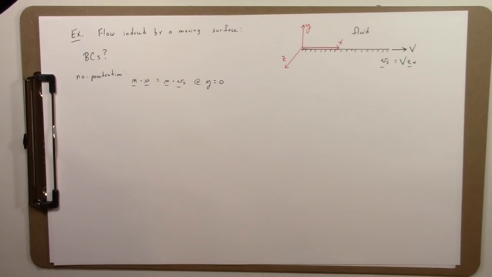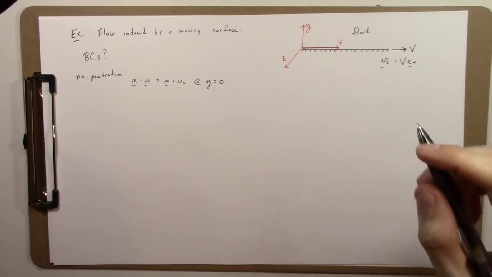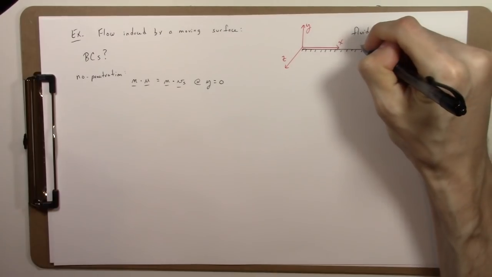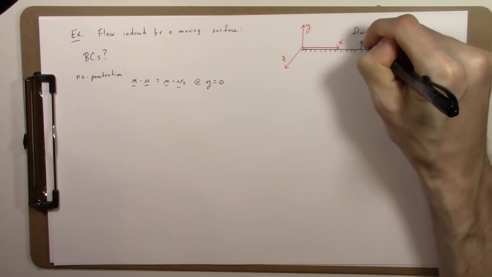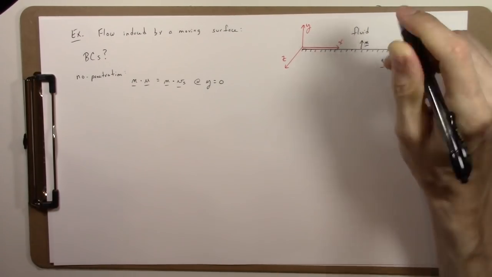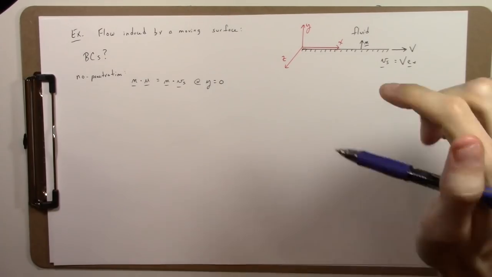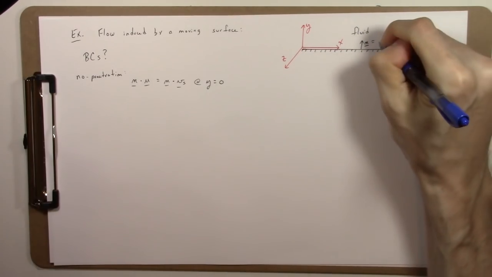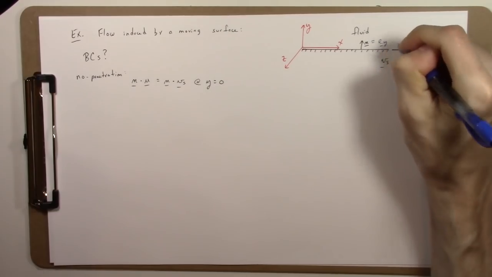So what is n? Well, n will be the unit vector perpendicular to the interface. We'll point from the solid to the fluid in this case. Here's n. N for this system shown here is equal to EY.